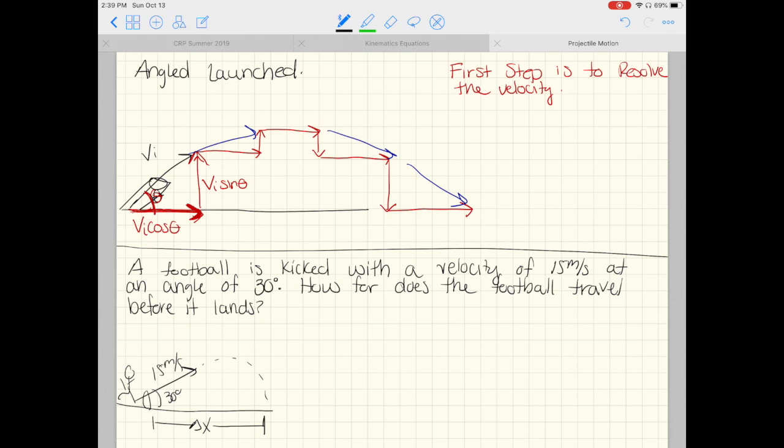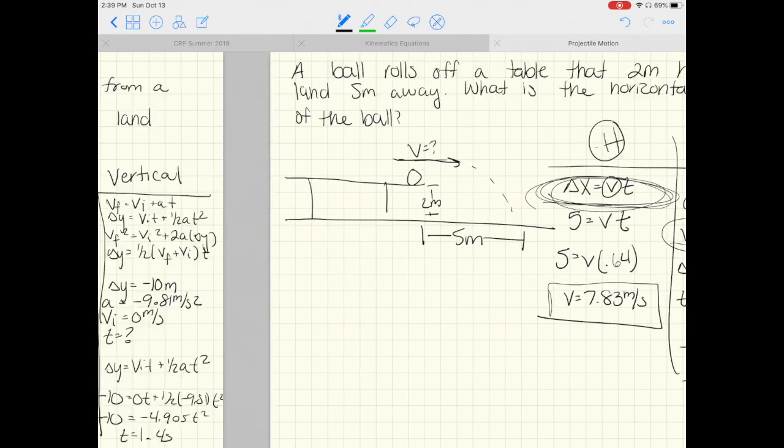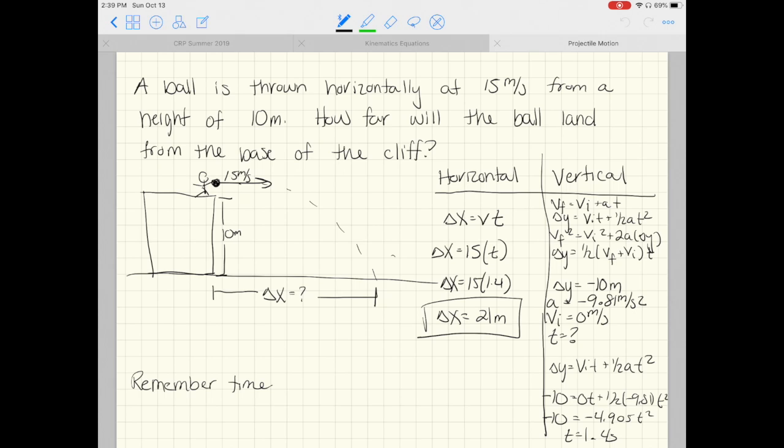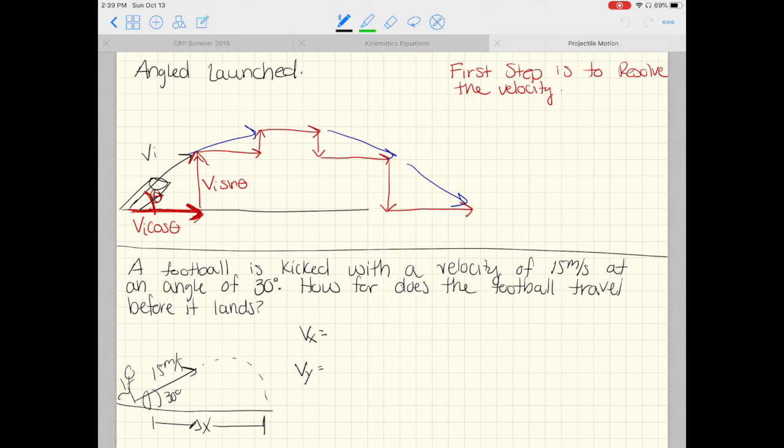I want to figure out what the velocity is in the x direction and what it is in the y direction. Unlike with horizontal launches, where it's going straight across, angled launches move both to the right and up and down at the exact same time.